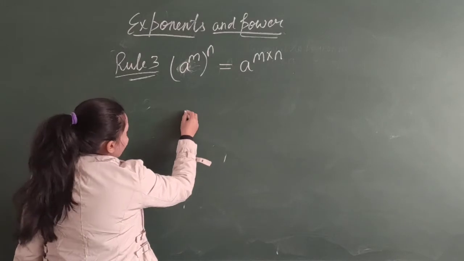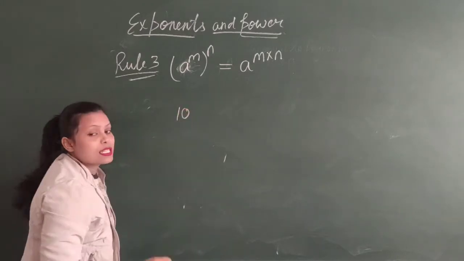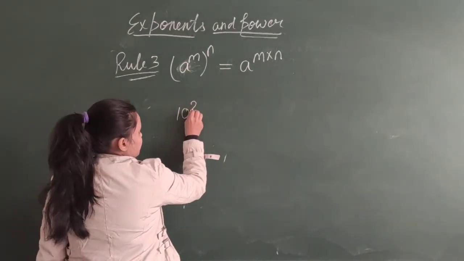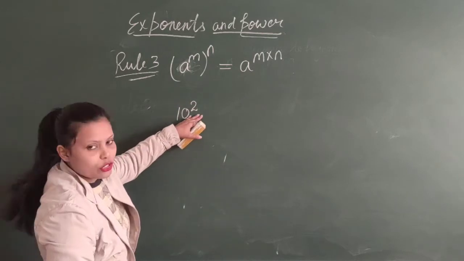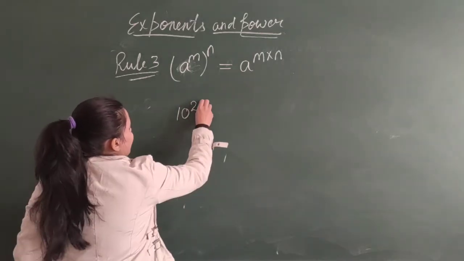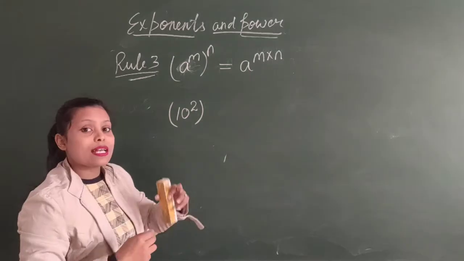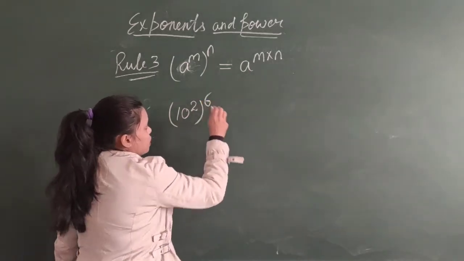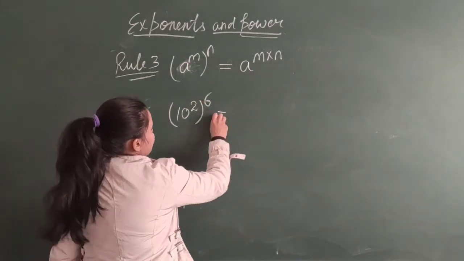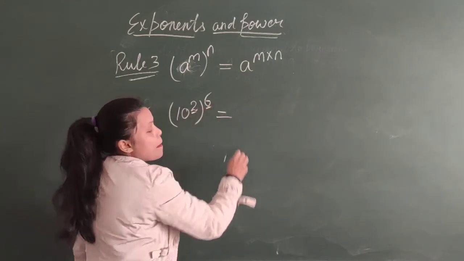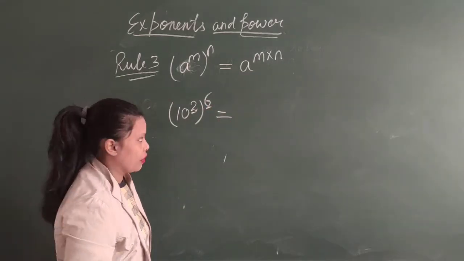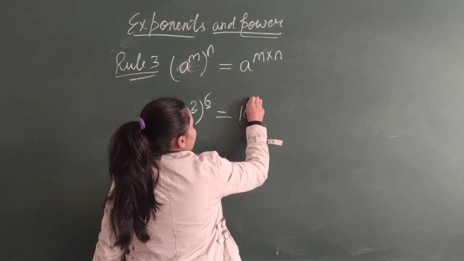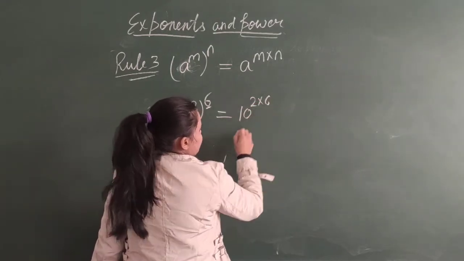This means if any quantity has some power, suppose 10 raised to power 2, and this quantity also has a power, suppose 6, the powers will get multiplied with each other. 2 multiply 6.